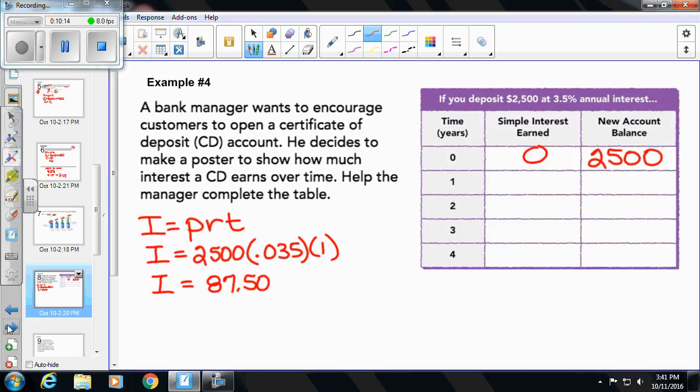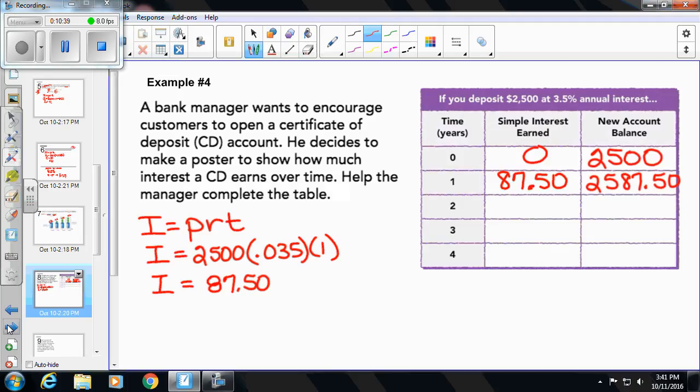So I'm going to put that in my simple interest earned. And now I take my interest that I've earned and I add it to my 2,500. And when I do that, I get $2,587.50.